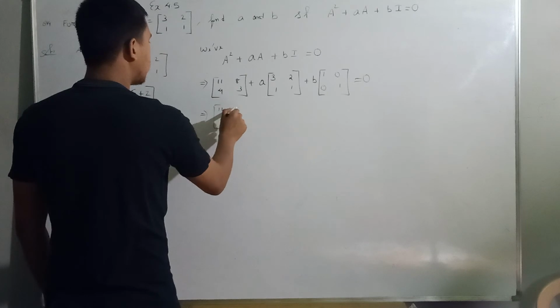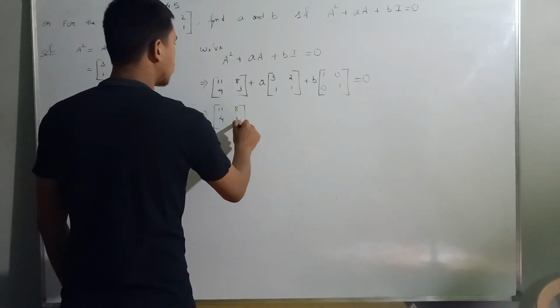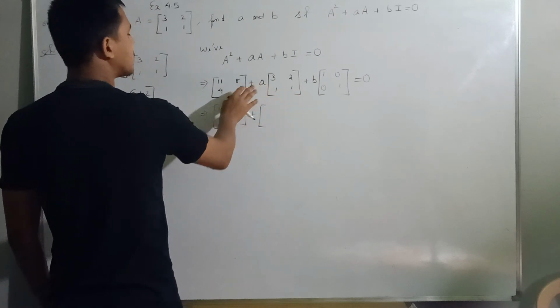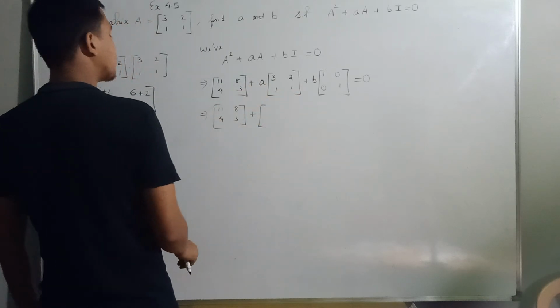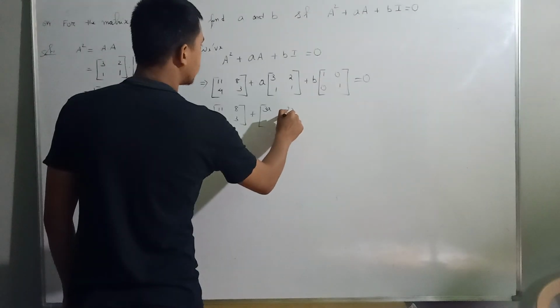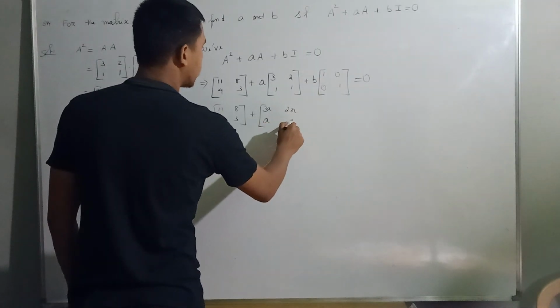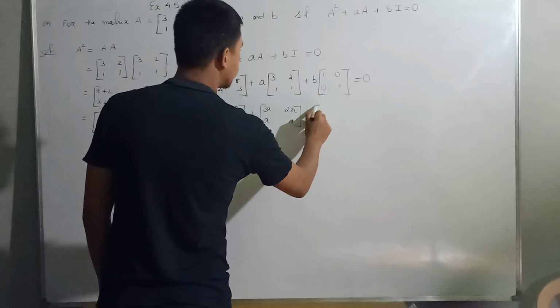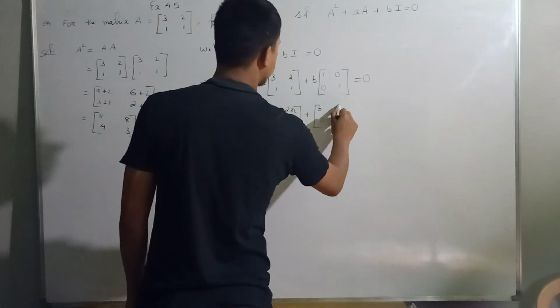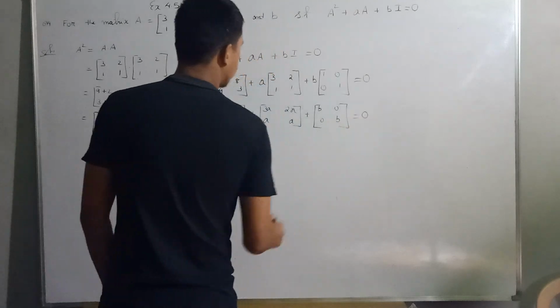So 11, 8, 4, 3 plus multiplying this matrix with scalar a means all the elements must be multiplied with that scalar a: 3a, 2a, a, a. Identity matrix multiplied by the scalar b will become b, 0, 0, b. Is it okay?